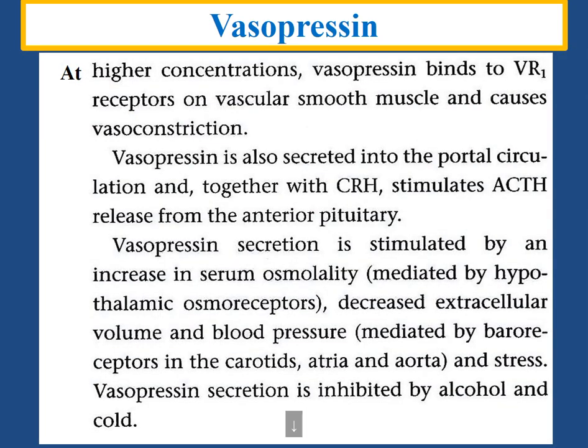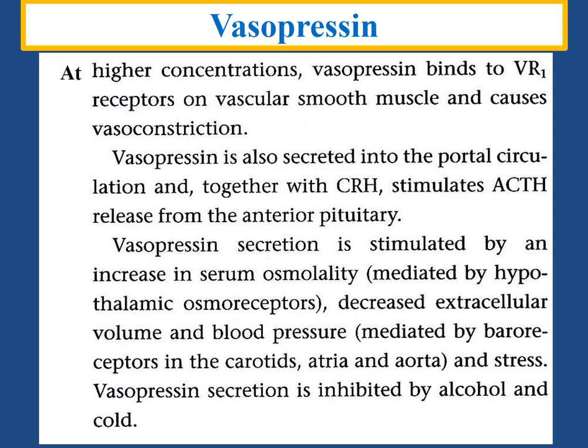At higher concentrations, vasopressin binds to V1 receptors on vascular smooth muscles and causes vasoconstriction. Vasopressin is also secreted into the portal circulation and, together with CRH, stimulates ACTH release from the anterior pituitary.